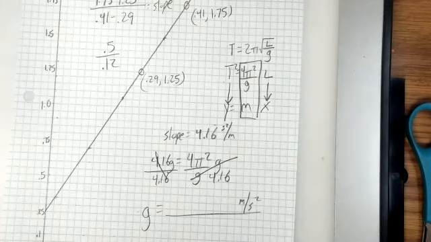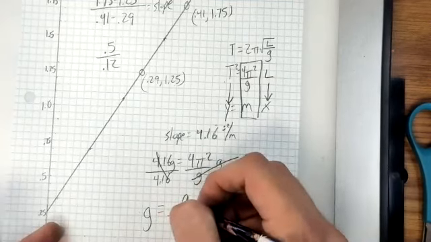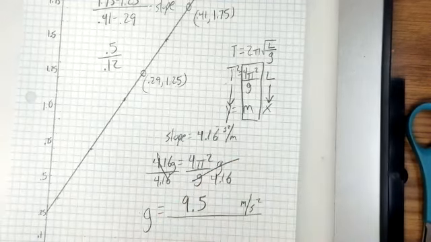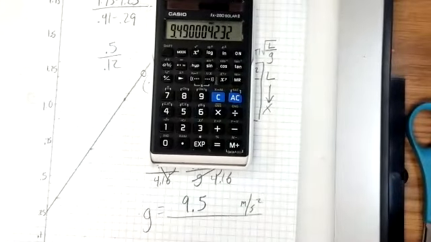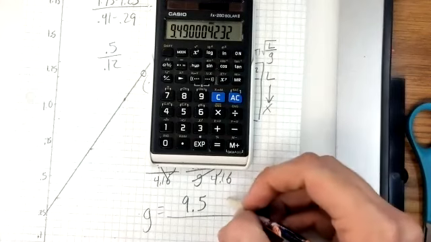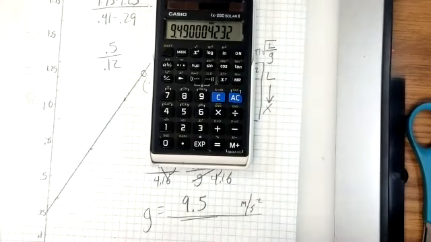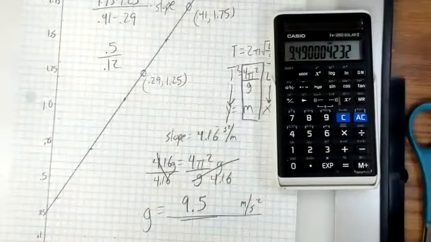But let's see what exactly we get. 4 times pi squared divided by 4.16 gives a final answer of 9.5 meters per second squared, 9.49 in my calculator, which is really good. 9.8 is the known value. So that's a fine conclusion to be reporting for the acceleration due to gravity here on this planet.